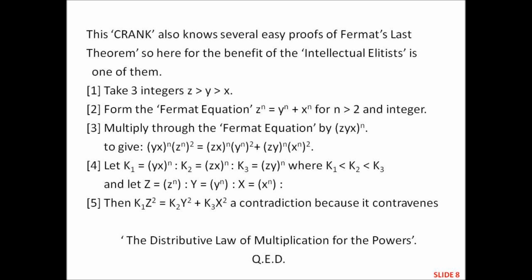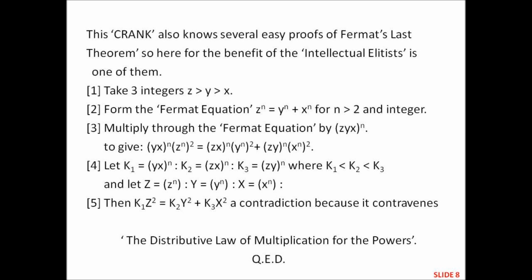This crank also knows several easy proofs of Fermat's last theorem, so here for the benefit of the intellectual elitists is one of them. Take 3 integers z greater than y greater than x. Form the Fermat equation. Multiply through the Fermat equation by the composite zyx to the power n.